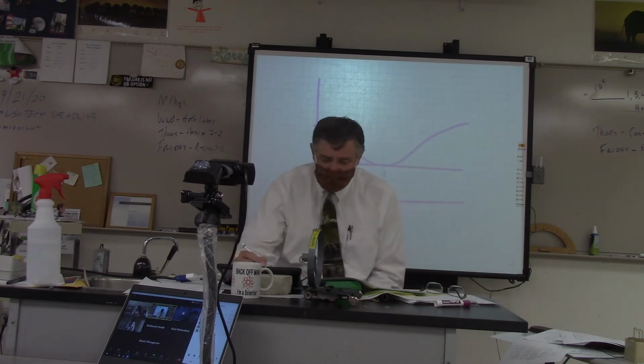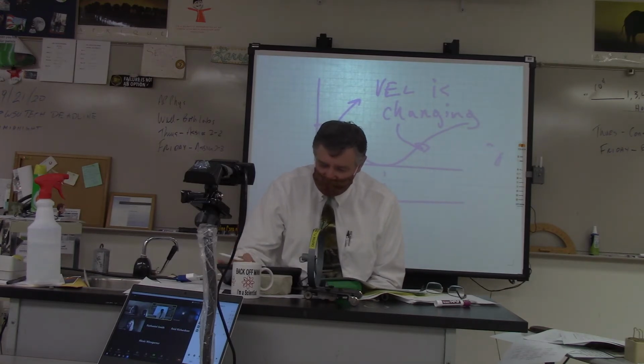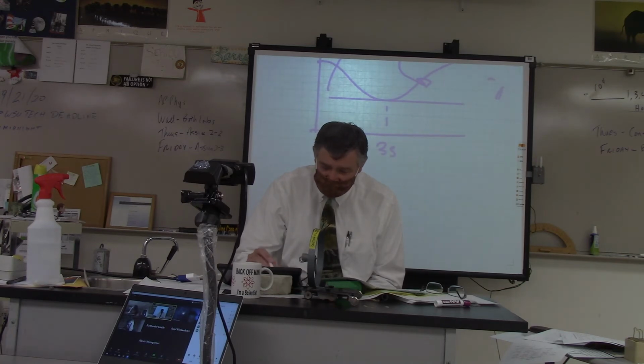Now, you draw tangent lines. The only time you draw tangent lines is when your velocity is changing. Okay, that's the only time I'm ever going to ask you to draw tangent lines. And then what that gives you is what we call instantaneous velocity.